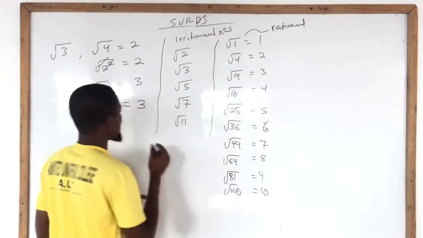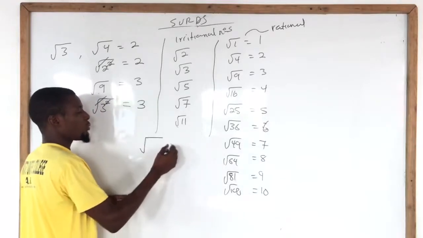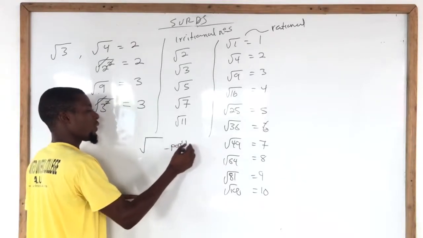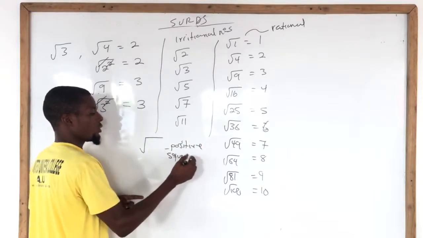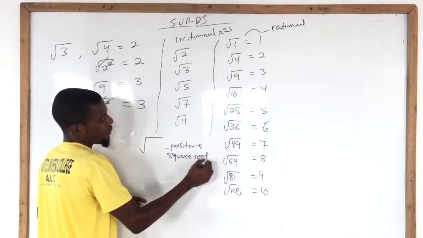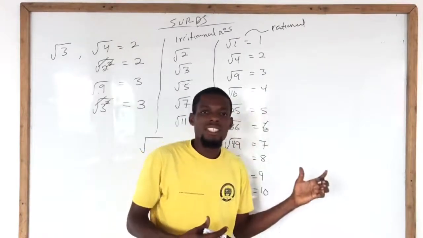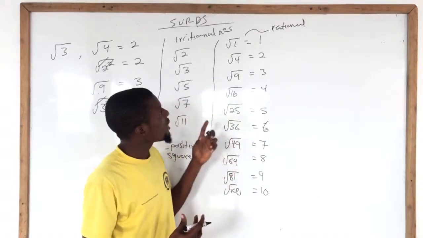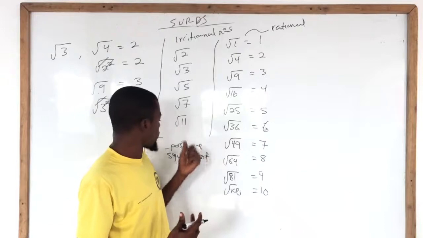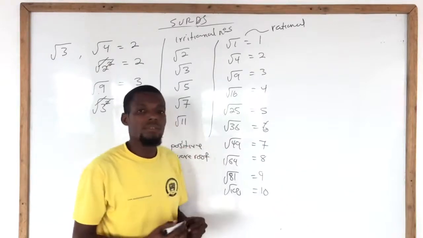So whenever you see this sign, the sign means what? Positive square root. Okay? So in simple terms, we can say a set is a square root of a prime number.